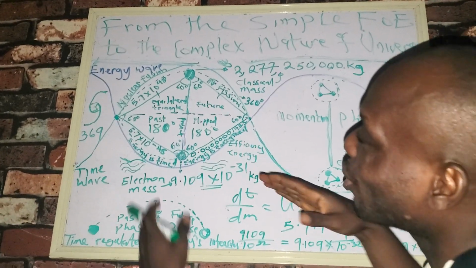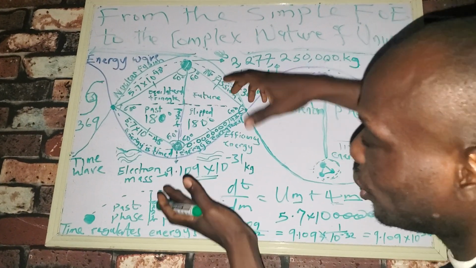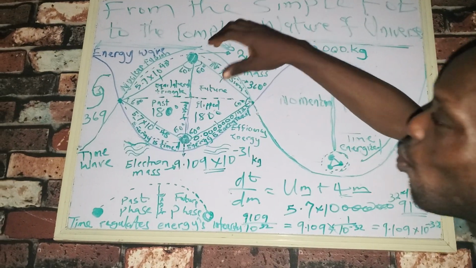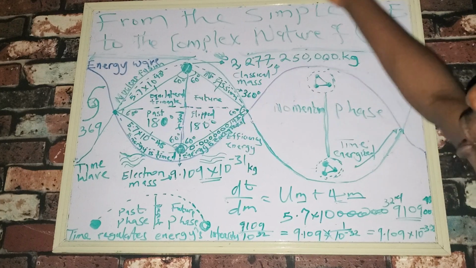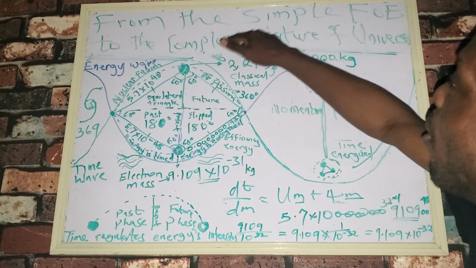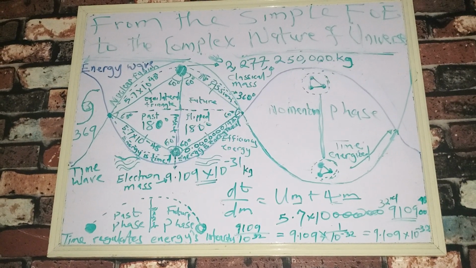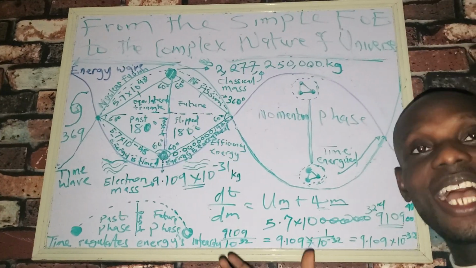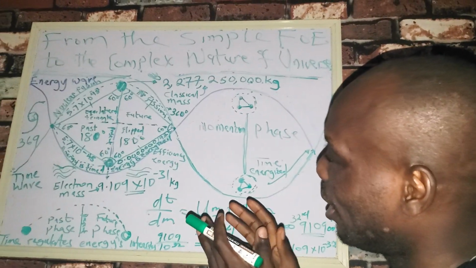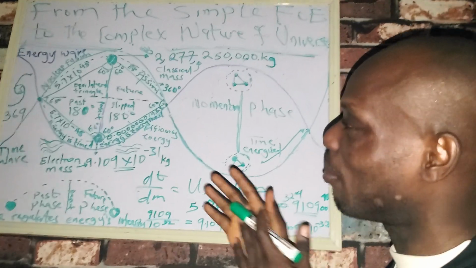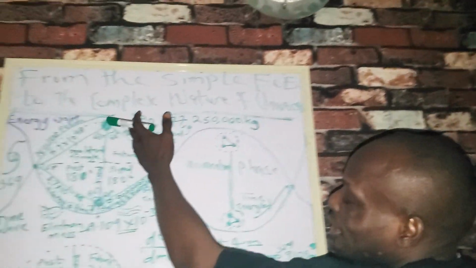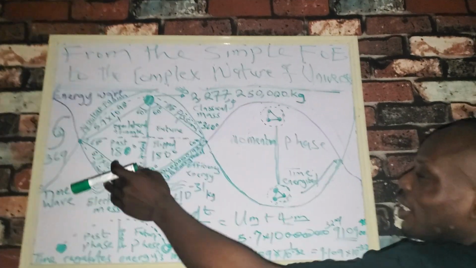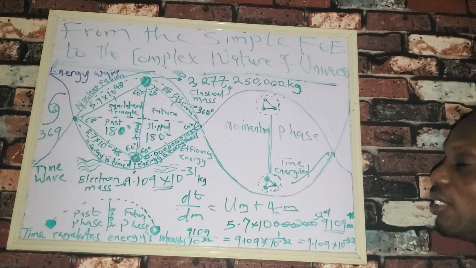So even without additional introduction of energy, we have an automated system that can lead to the complex nature of the universe, and that as well could be seen as a perpetual motion machine, because this is more or less a cyclic system.